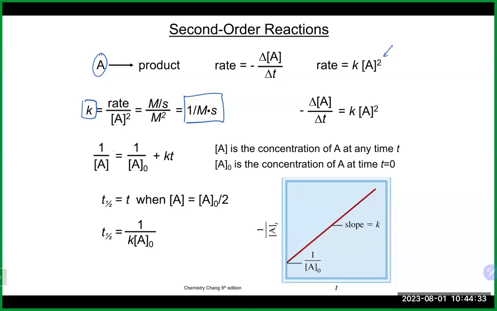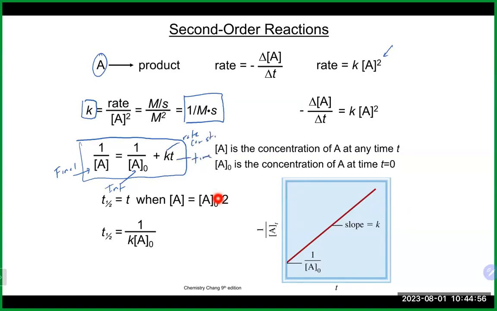It has an integrated rate law that's a little bit different. It is 1 over the final concentration equals 1 over the initial concentration plus kt. These are all the same sort of things: that again is our final concentration, that's our initial, that is still our rate constant, and that is still time.